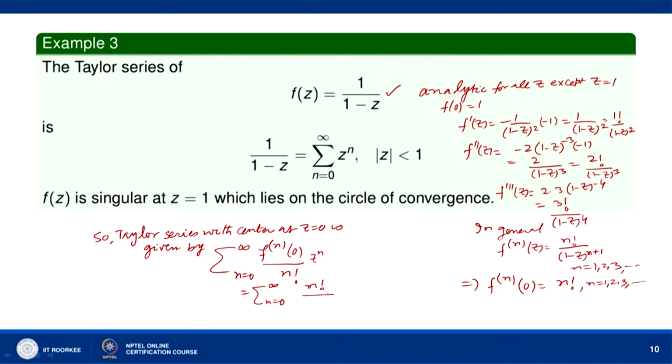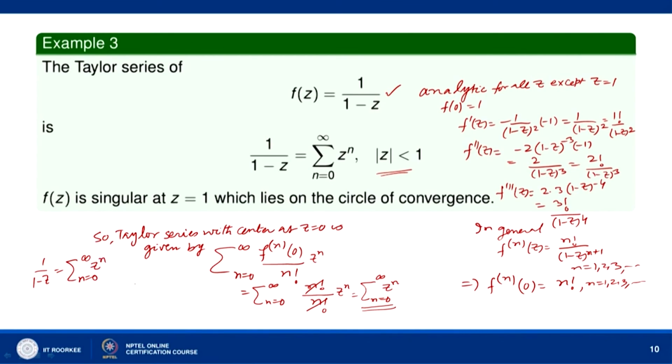So, n factorial divided by n factorial z to the power n. We get summation n = 0 to infinity z to the power n. So, the Taylor series of the function f(z) = 1 over 1 minus z is equal to sigma n = 0 to infinity z to the power n, and we know that this series converges in the region mod of z less than 1, and the sum of the series is 1 over 1 minus z.